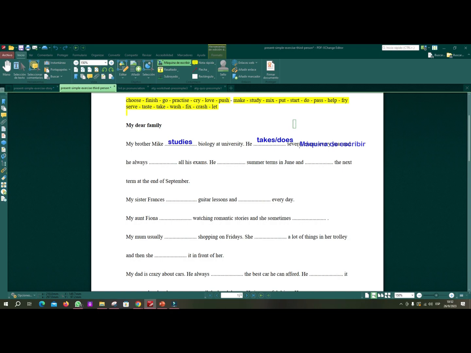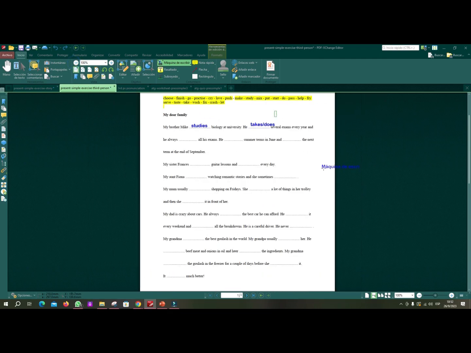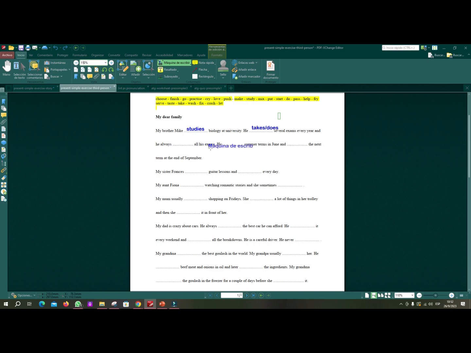Entonces eso es lo que van a hacer, lean bien y vayan utilizando los verbos, siempre en tercera persona, ¿verdad? So, here you have it. Vamos a hacer un poquito más pequeño para que ustedes puedan completarlo con los verbos, okay?